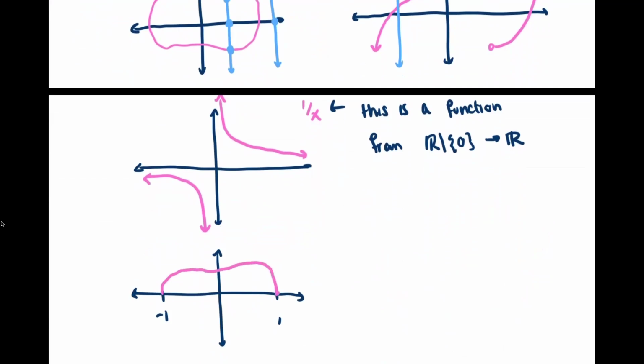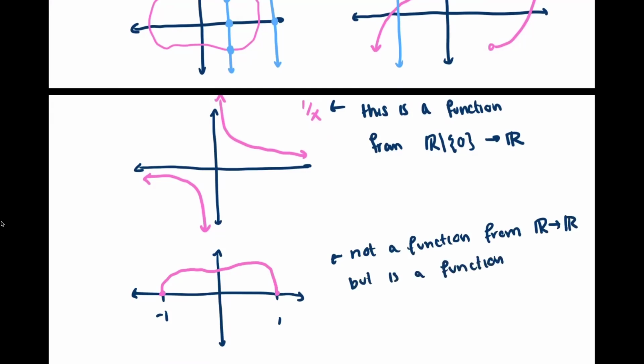So something like that. This is not a function from R to R, but it is a function from -1 to 1. Okay, does that make sense?